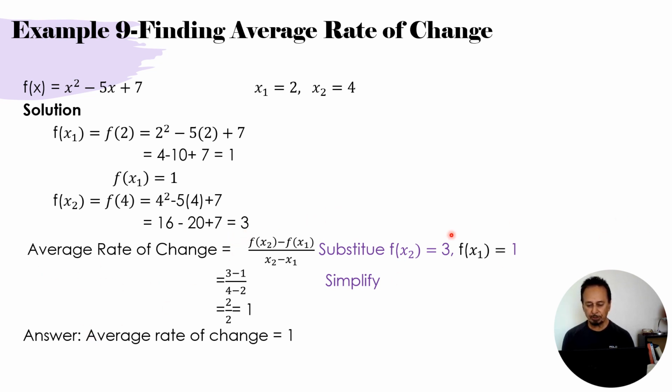Now we write the formula: rate of change is f of x2 minus f of x1 over x2 minus x1. We substitute f of x2 is 3 and f of x1 is 1, so it becomes 3 minus 1 over 4 minus 2. 3 minus 1 is 2 and 4 minus 2 is 2. 2 over 2 is 1. So the average rate of change of this function is 1.